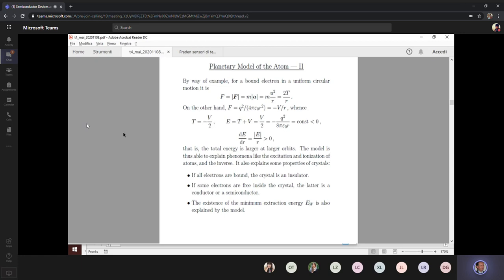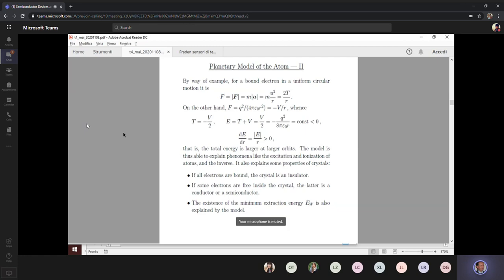The external electron of the atom receives energy from outside and goes to a larger orbit that is also called excited state, okay?